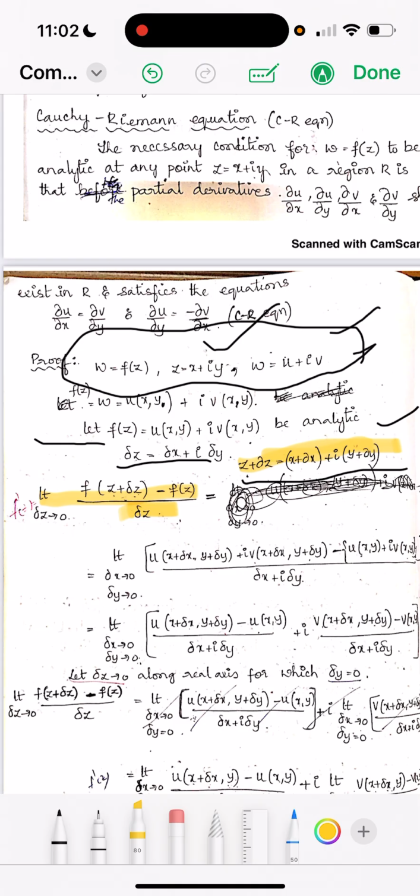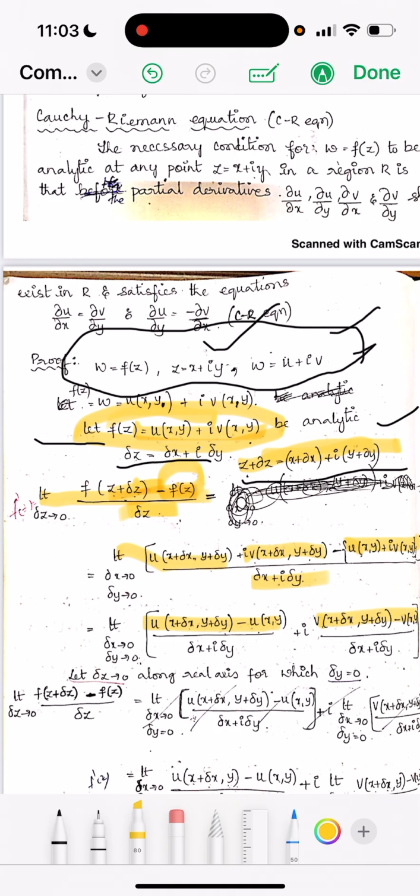Now replace this z + δz function: u(x, y) and iv(x, y), the same thing. u(x + δx) and iv of this, minus f(z). f(z) is this itself, that I'll write down, by δx + iδy. Then split it into real and imaginary. Real will have u and imaginary will have v.